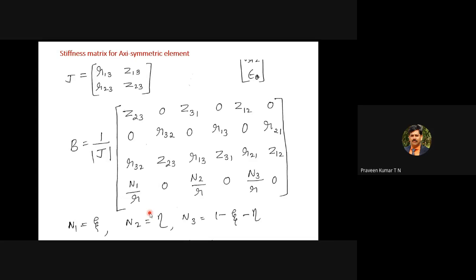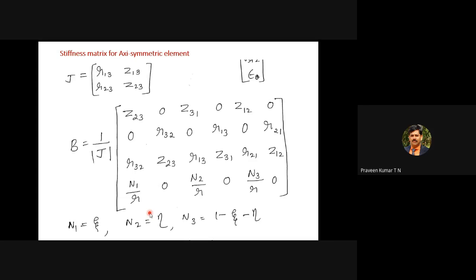When you come to the axisymmetric triangular element, we have shape functions. We derived shape functions N1, N2, N3, and we derived the Hermite functions H1, H2, H3, H4. That is a slightly complex shape function because the whole beam bends. To represent the bending of the beam, we minimum have to go for a cubic polynomial.